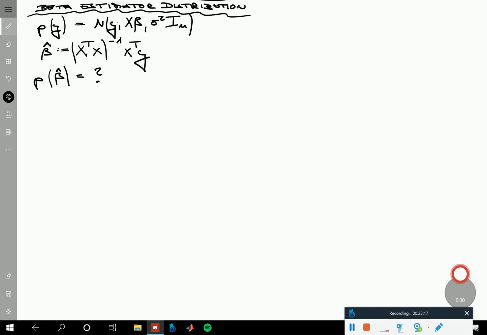So what I'm referring to here is the linear transformation theorem for Gaussian distribution.